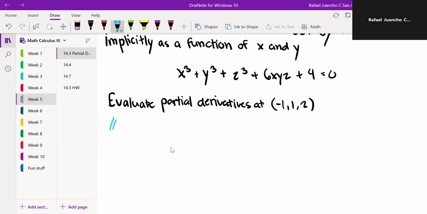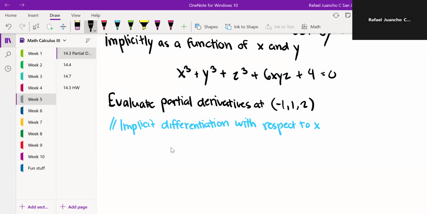So let me just say implicit differentiation. If we took calculus 1, the idea is we have to differentiate both sides of the equation, and here I'm saying with respect to x.